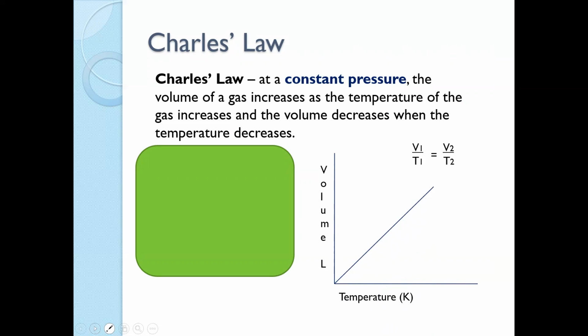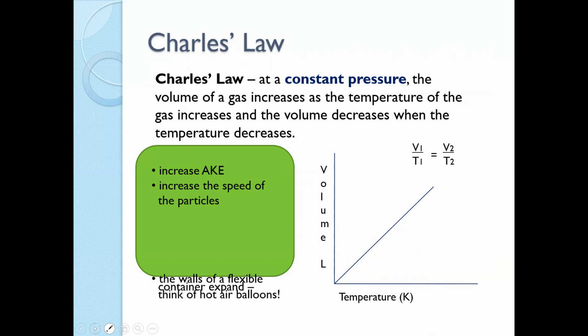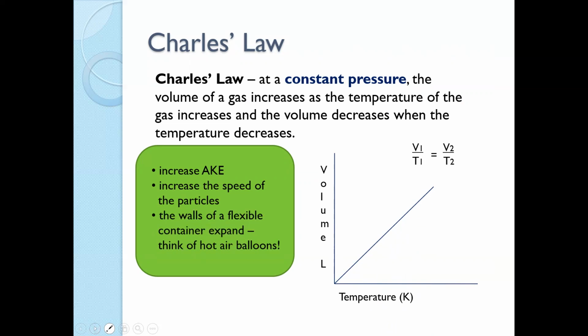The equation of Charles's law is V1 divided by T1 equals V2 divided by T2. Increasing temperature increases the average kinetic energy and the speed of the particles, and the walls of a flexible container expand. For example, think about hot air in a balloon.